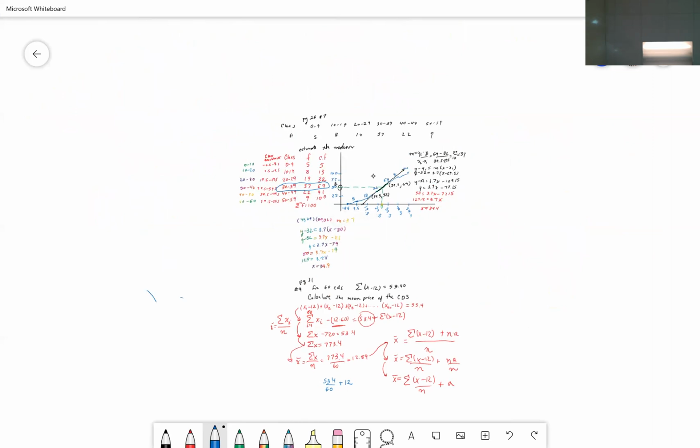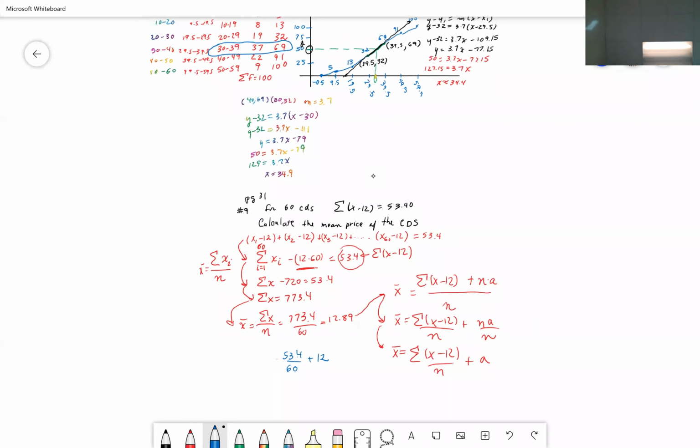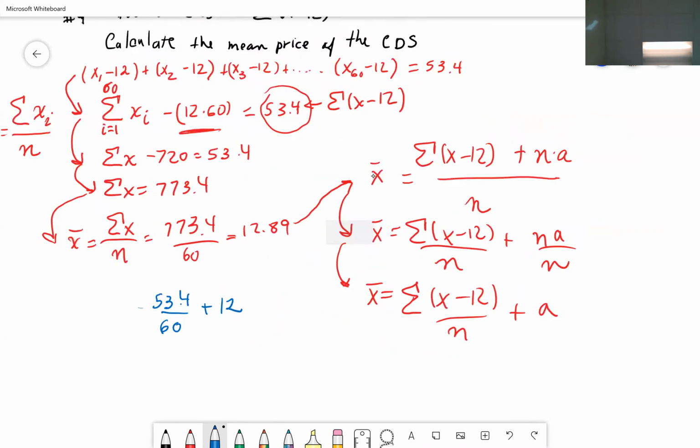That's what we did. And if you take 53.4, divide that by 60, and add 12, guess what number you get? You get the same thing.